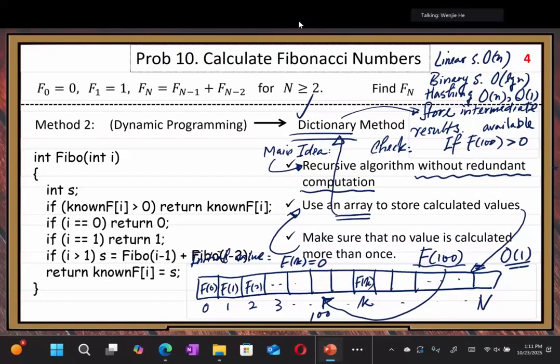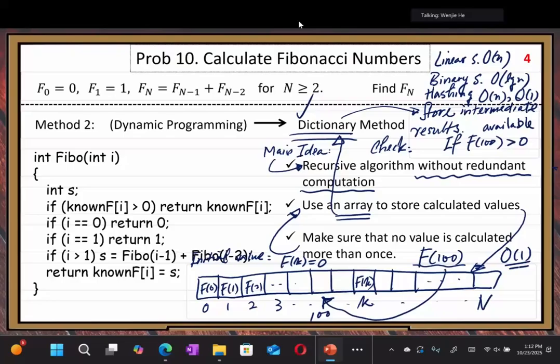This array, known F, known capital F. Known value: we want to use it to check if the Fibonacci number is known or not. And its initial value: here we skip the initialization step, because that step is trivial, so we do not specify it.